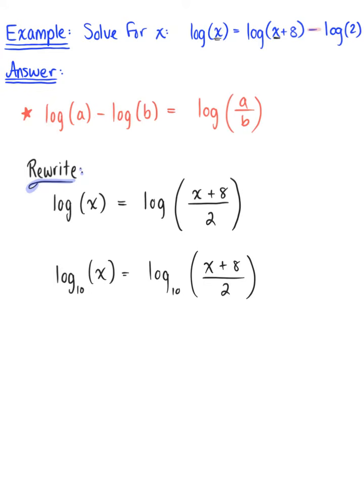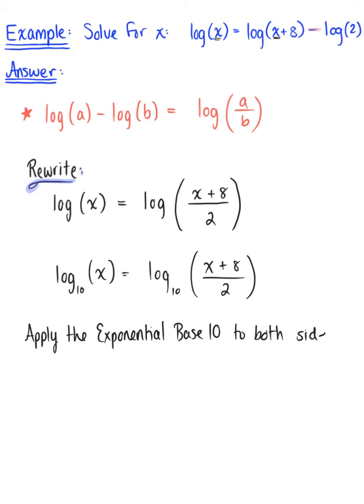So now that I have identified what this base is, we are ready to apply the inverse property. So we are going to apply the exponential function base 10 to both sides of this equation to remove the logarithm base 10.